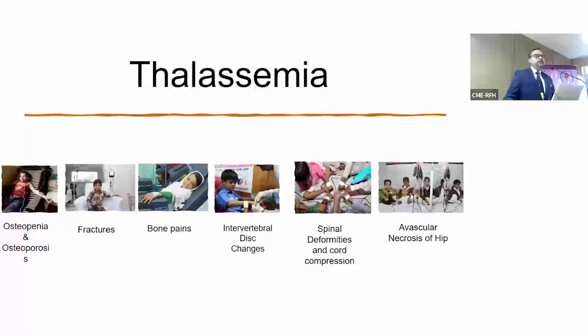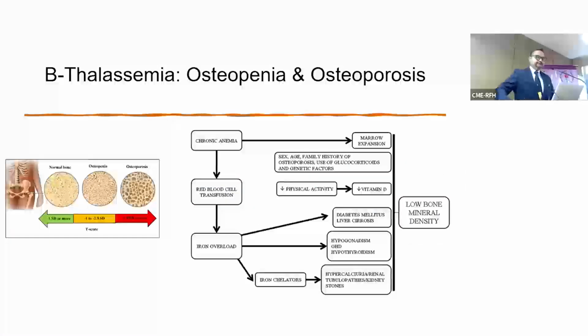We are basically going to be looking at osteopenia and osteoporosis, fractures, bone pains, intervertebral disc changes, spinal deformities and cord compression, and of course, probably the most important rare phenomenon, which is avascular necrosis, about which I'll be going into a bit of detail.